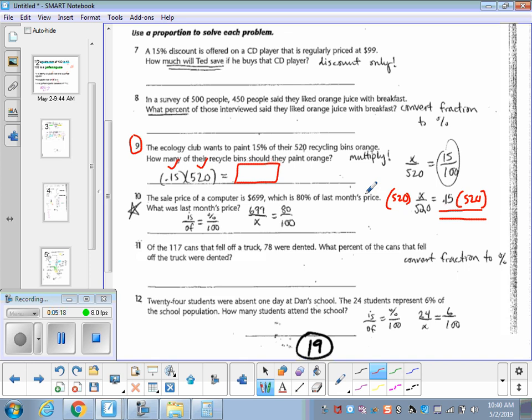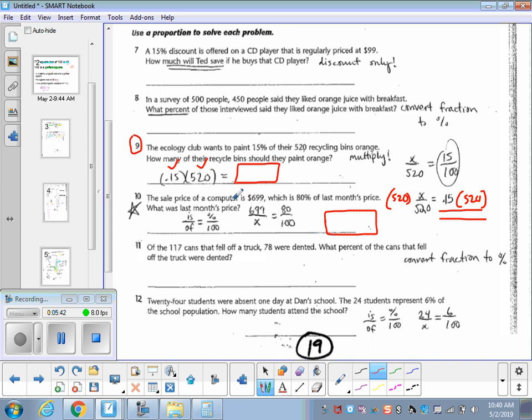So the idea is that somebody paid $699. We want to know what is $699 80% of. What was the original price? So we have $699 is 80% of our unknown total. And of course, you can just cross multiply and divide, and that will tell you the bigger original starting price of the computer.